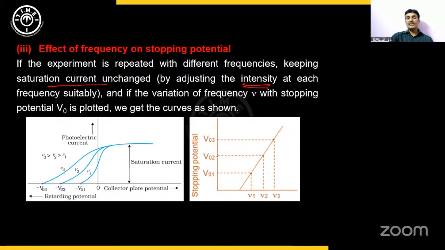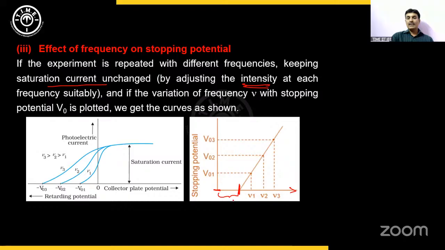Okay. Now the graph between stopping potential and the frequency of radiation: nu1, nu2, nu3 on the x-axis, and stopping potentials on the y-axis. It is a straight line graph passing through a point here on the frequency axis. Stopping potential becomes 0 for a certain frequency here.